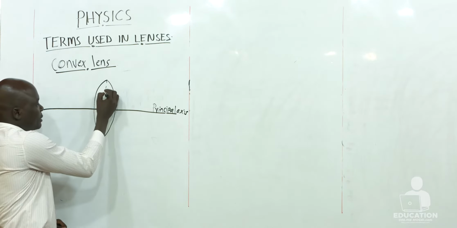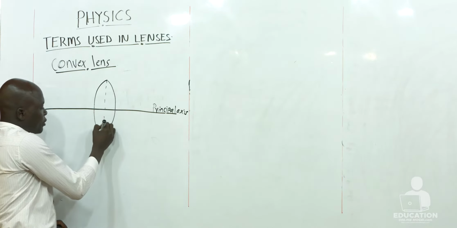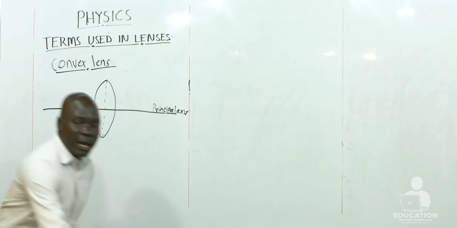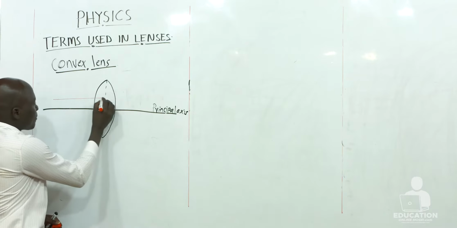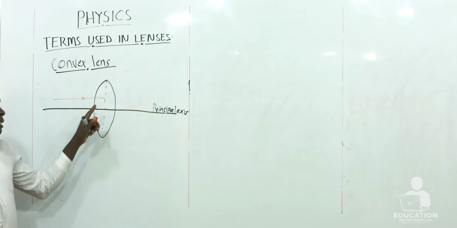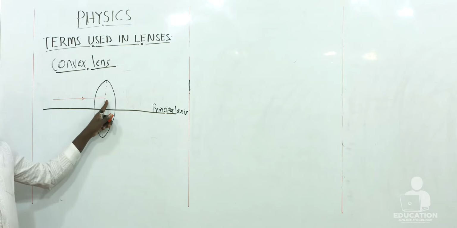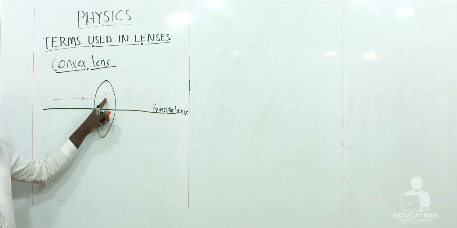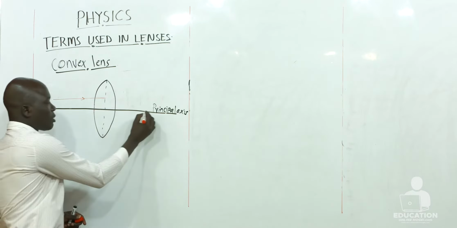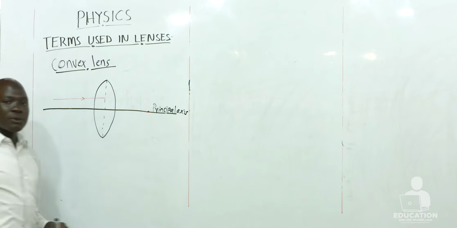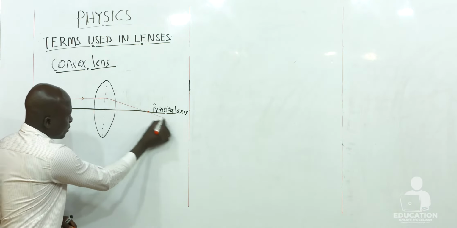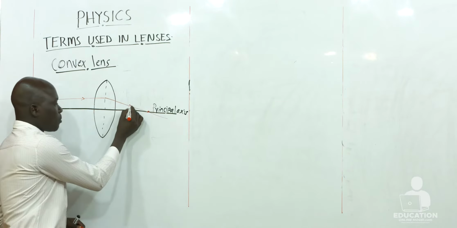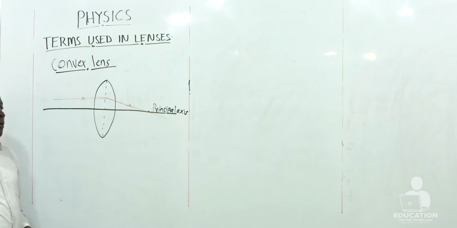So if this is the middle of the lens, now if a ray of light that is close to the principal axis falls on this lens, since we said this lens is a converging lens, this ray will be refracted to pass through a point that we shall call the principal focus.